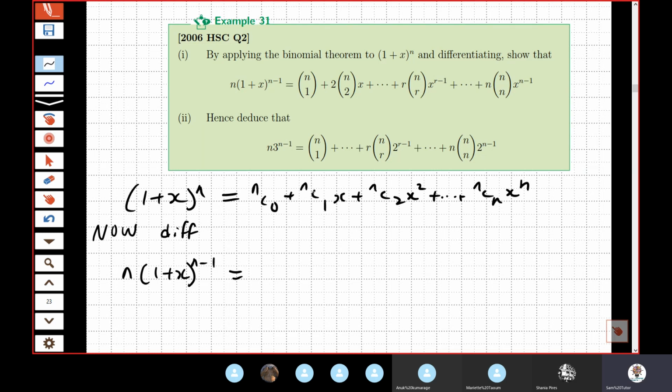N choose 1 x, anything in front of the x, you disappear the x, and it's just n choose 1. Plus, you drop the 2 down, 2 n choose 2 x, plus 3 n choose 3 x squared, plus dot dot dot, plus n x to the n minus 1, n choose n.